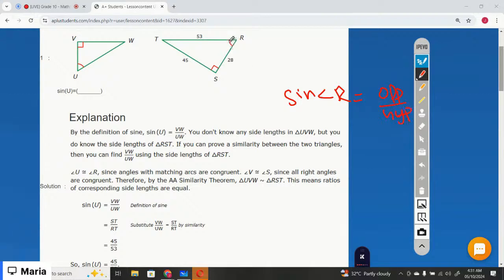So opposite to angle R is 45 and hypotenuse is 53. Because angle R and angle U are similar, angle U has the same measurement, that is 45 over 53. Got it? Because they are similar triangles.